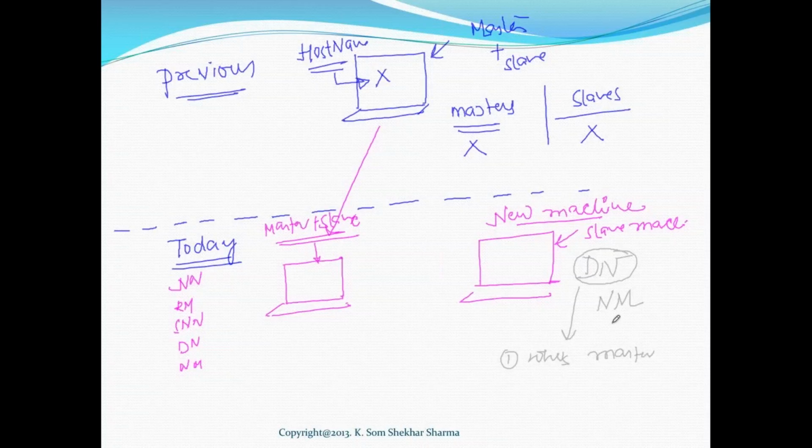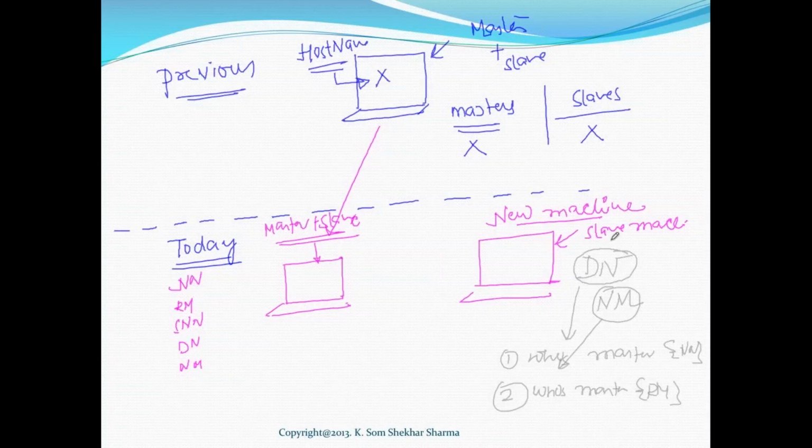That means for data node, who is the master? Name node. The node manager, this guy should know who is master. For him, the master is the resource manager. Yes or no? Okay, that's one thing.